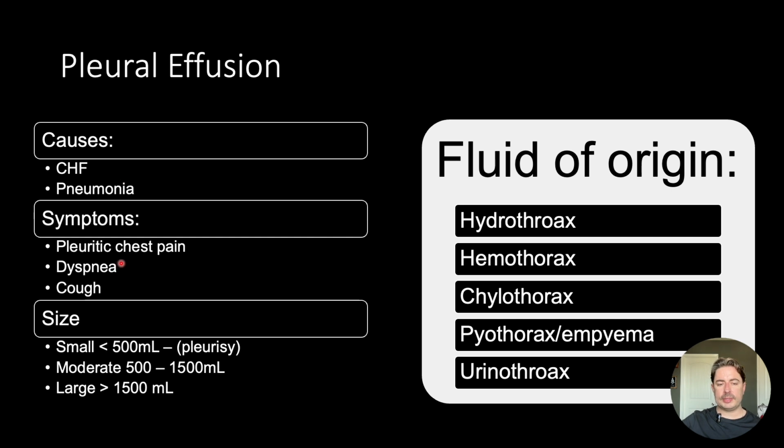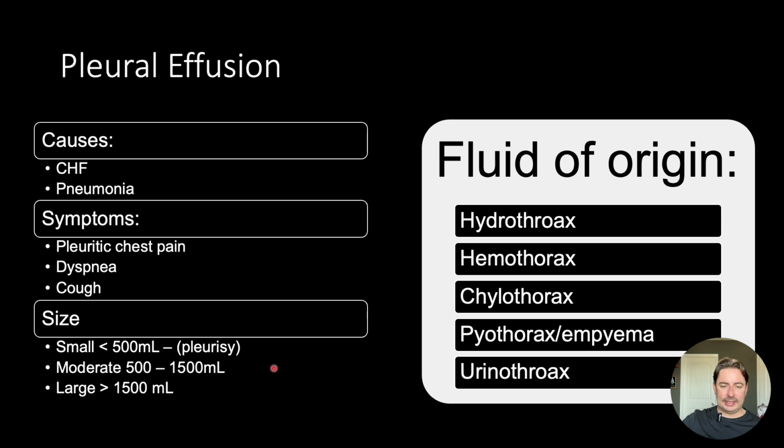Some of the things that we would see or the patient may be complaining of is pleuritic chest pain. So we may have the patient complaining that they feel a sharpness or a tightness or a pain between their ribs. Shortness of breath, of course, we're going to see shortness of breath, and they will complain of a cough. So the cough is typically related to the amount of atelectasis that patient is having as a result of the pleural effusion.